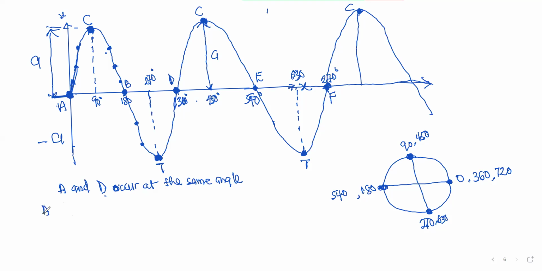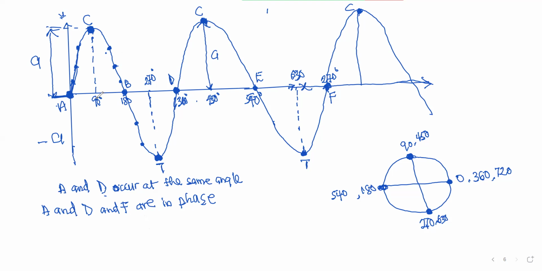So point A and D, and F are in phase, meaning they occur at the same angle. So if we say that points are in phase, they occur at the same angle and they vibrate together equally.